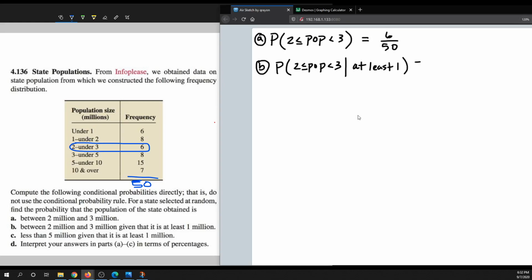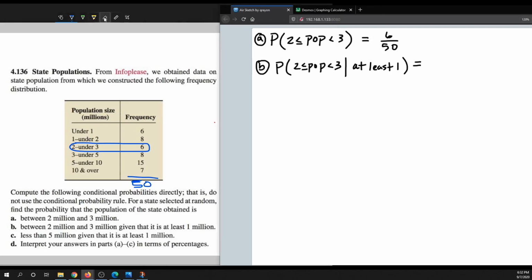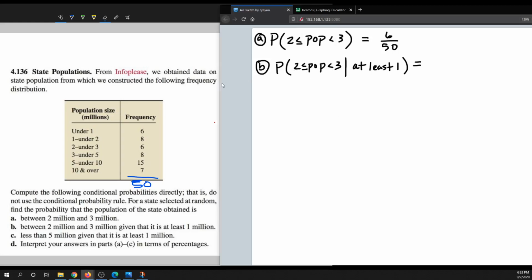All right, so this is a conditional probability, right? So what's the probability that the population is between 2 and 3 million, given that it is at least 1 million?